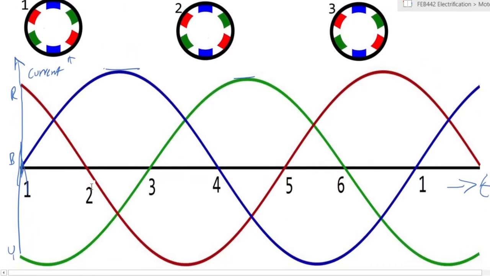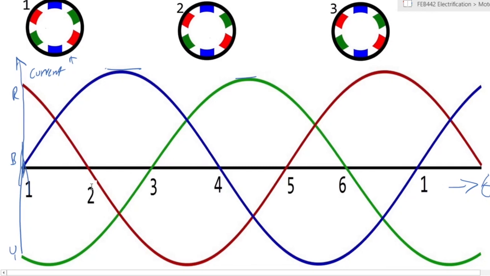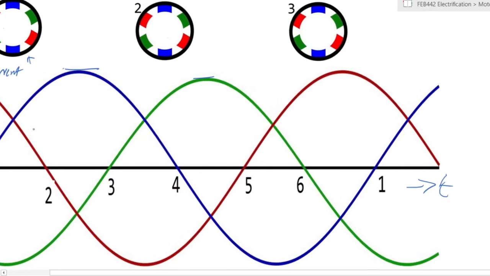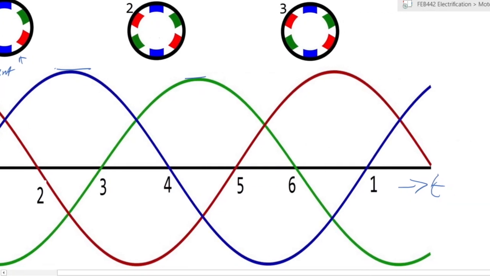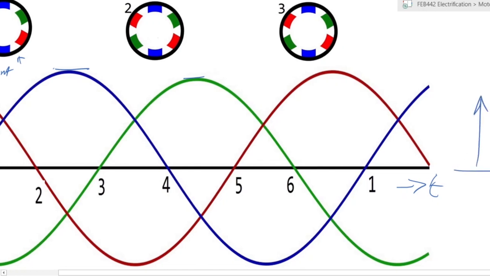Now, for purposes of this illustration, let's assume in the upper dimension of the current here, if you have a current flowing with this positive magnitude, let's assume in terms of our cross section here, that current is flowing into the surface.